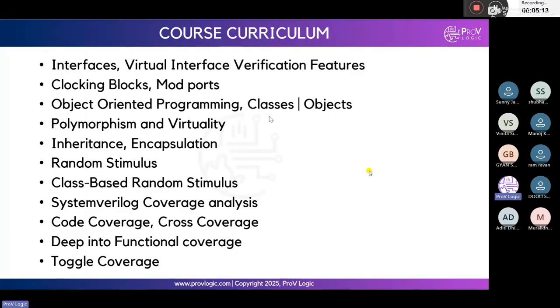In Verilog HDL, we interface the DUT with the test bench by writing a single line. But in SystemVerilog, we write a separate file. Interface is a separate block. And in that, there are clocking blocks and modports. Why? For more synchronization between the test bench and the DUT. But in Verilog, we don't have this concept. In SystemVerilog, every concept is very complex, and we need to write lots of code.